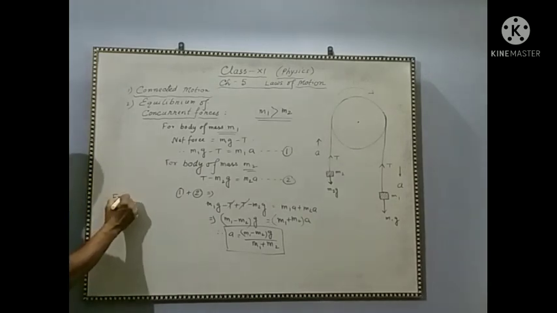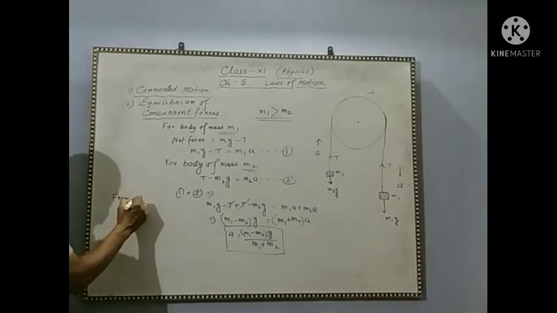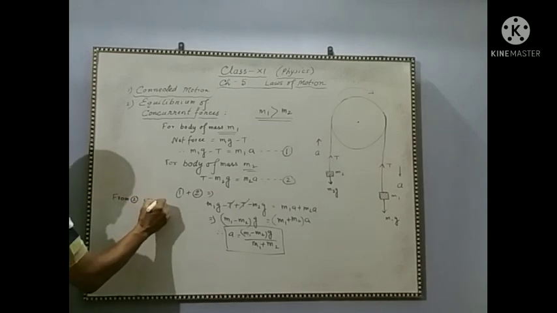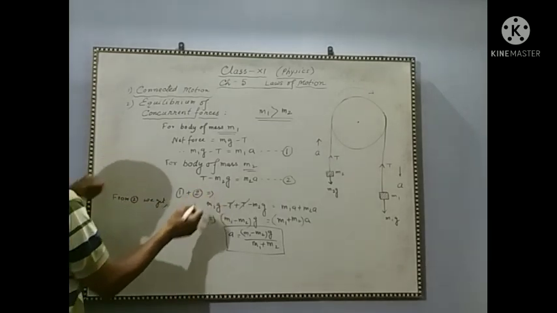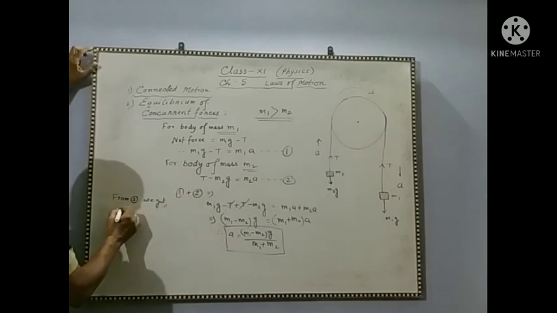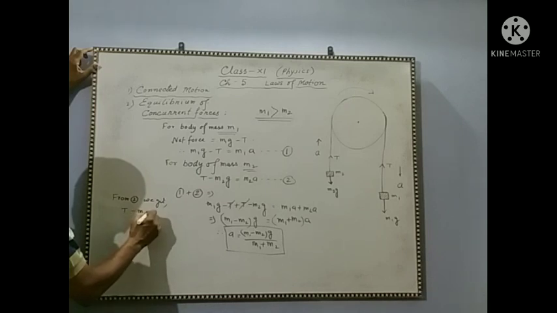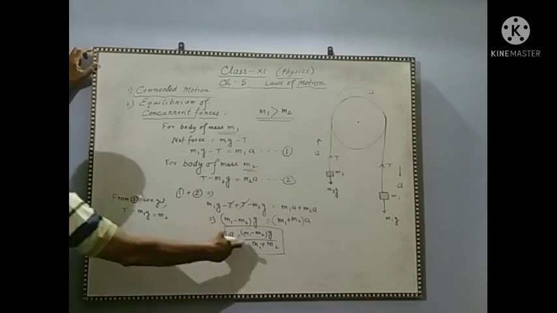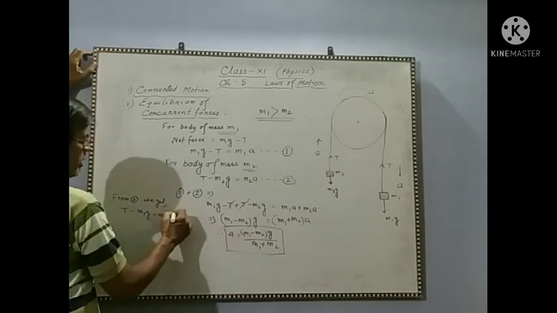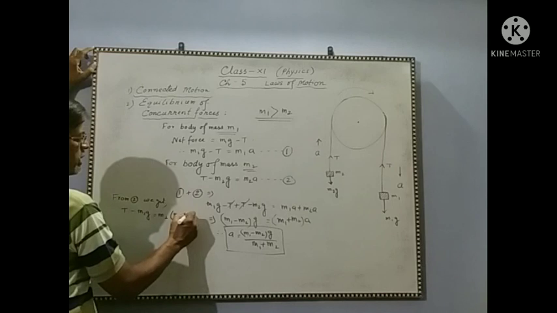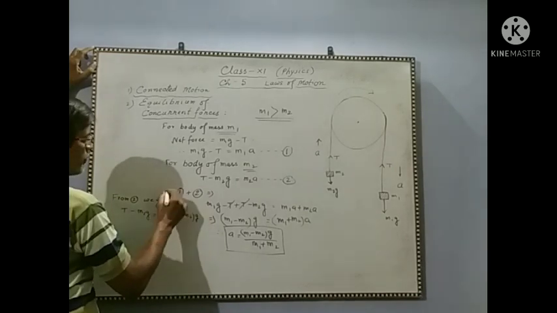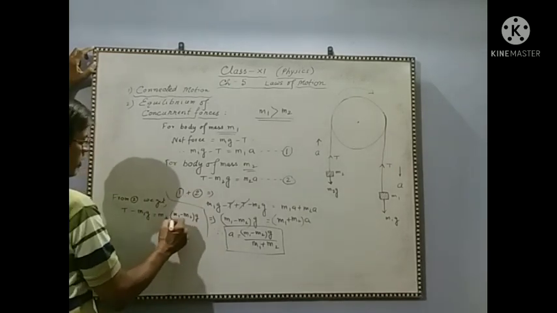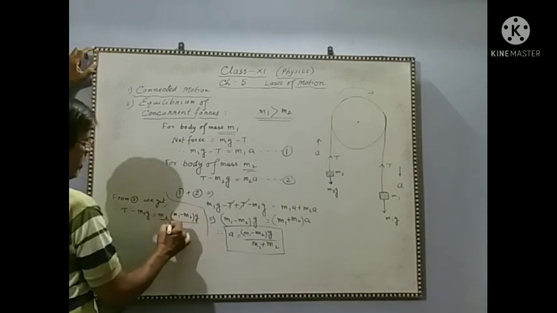From 2 we get, put T minus M2G equals M2 into this one, M1 minus M2 into G by M1 plus M2.